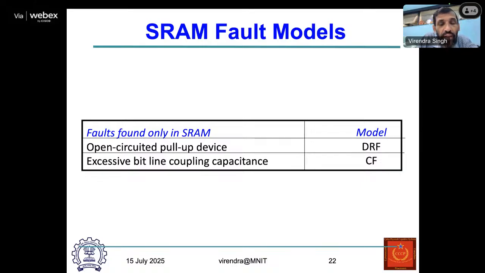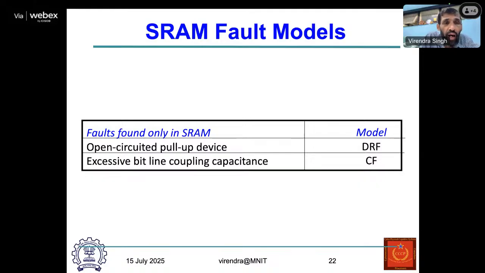Excessive bit line coupling capacitance. There are bit lines and bit bar lines, and you are running those bit and bit bar lines all through the circuit.